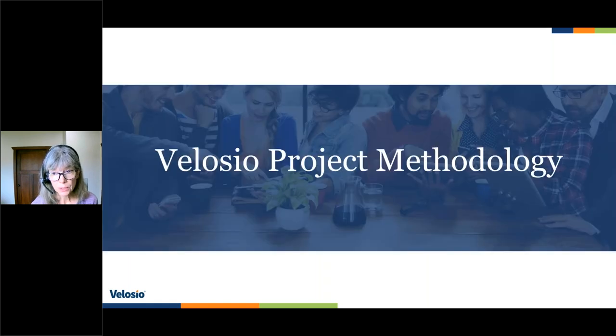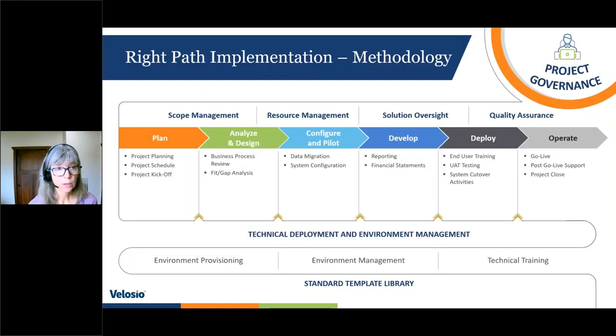So we do have a project methodology, and we call it the Right Path methodology. It is used by all of the practices within Velosio. For the BC Express team, we have modified it a little bit because our projects are more rapid in nature, and sometimes to keep costs at a lower price point and to make sure we get done in 120 days, we eliminate a couple of documents that are sometimes necessary in a larger deployment.